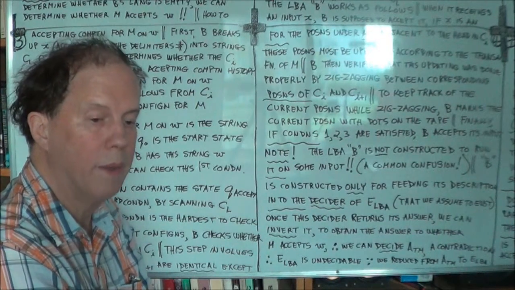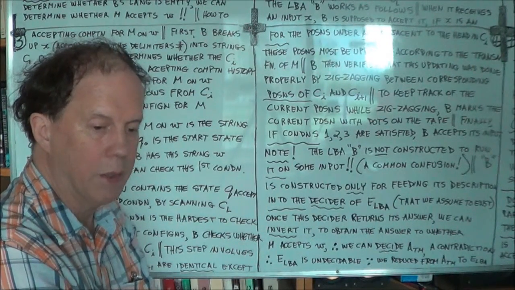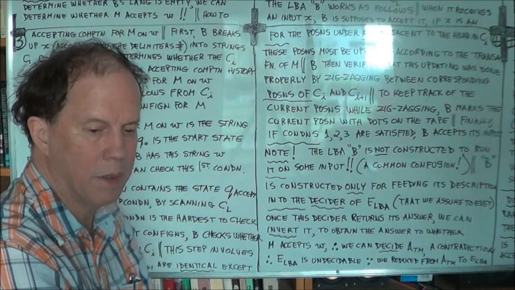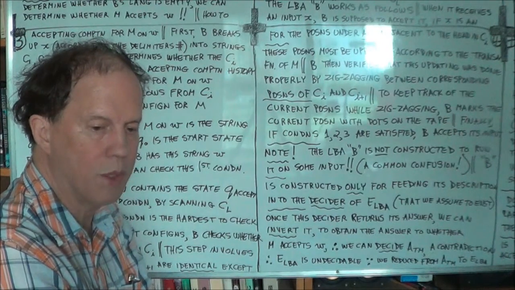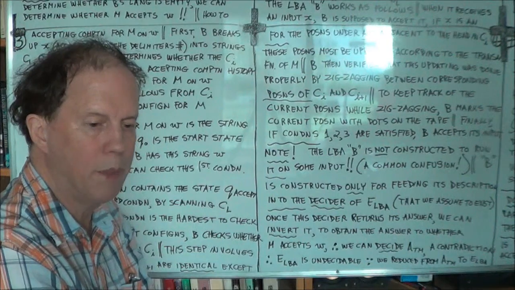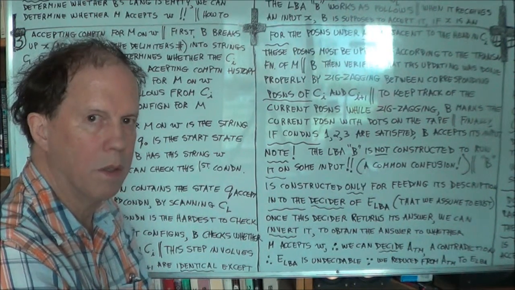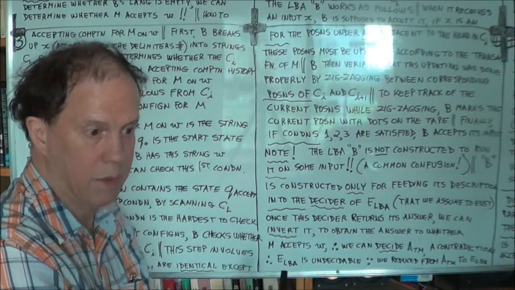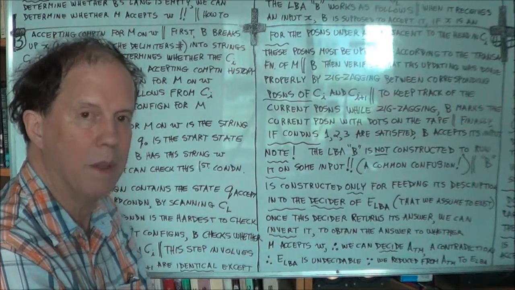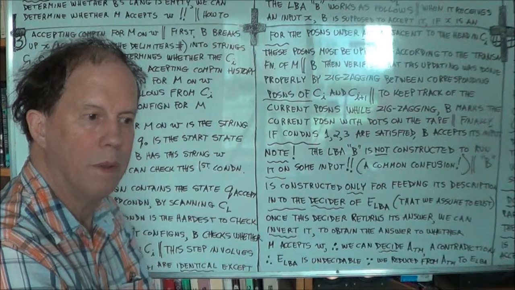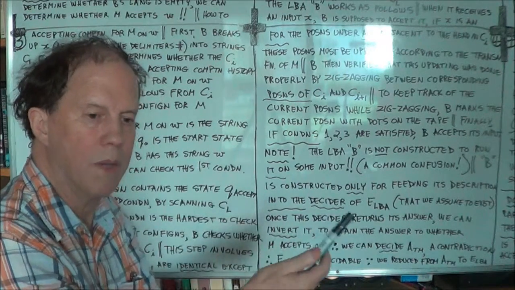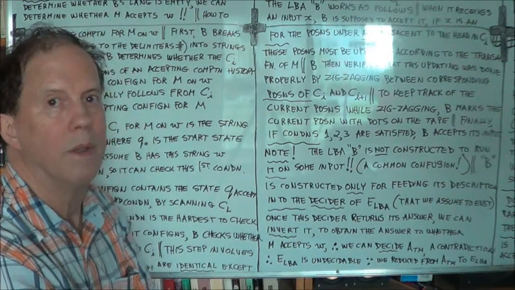So there was one string in the language, and that means there was one accepting configuration history. And that means that M accepted W. So we now know M accepted W.